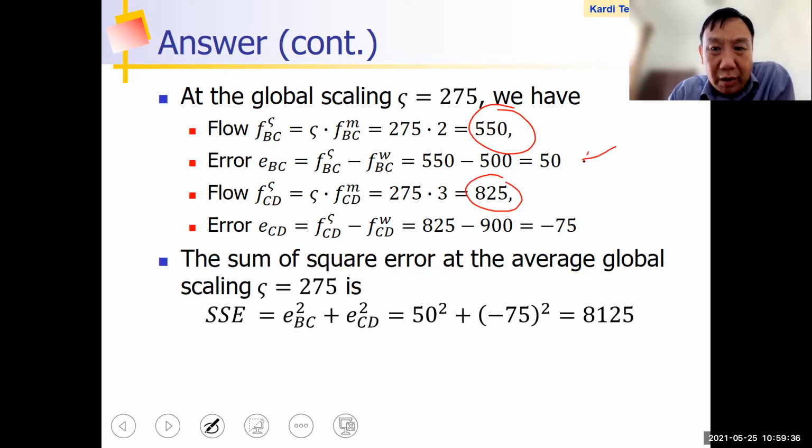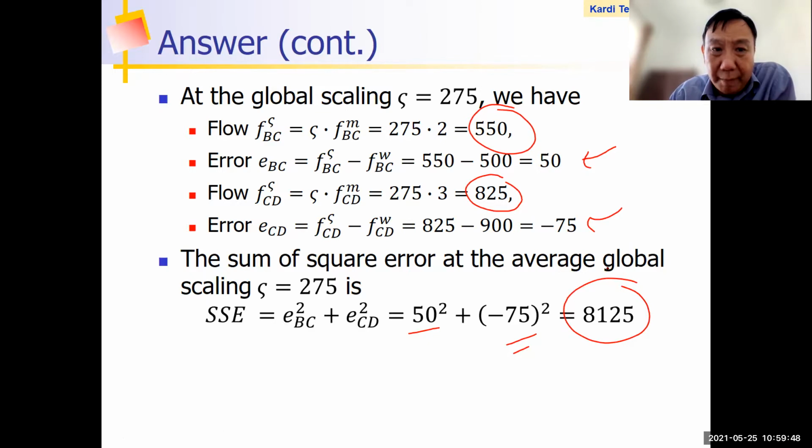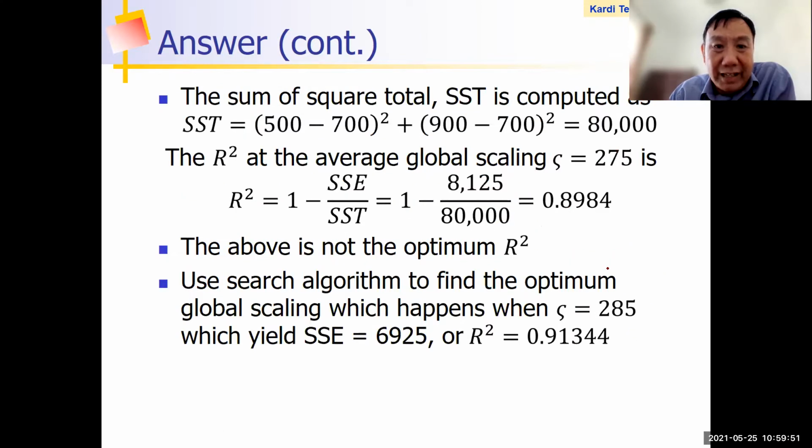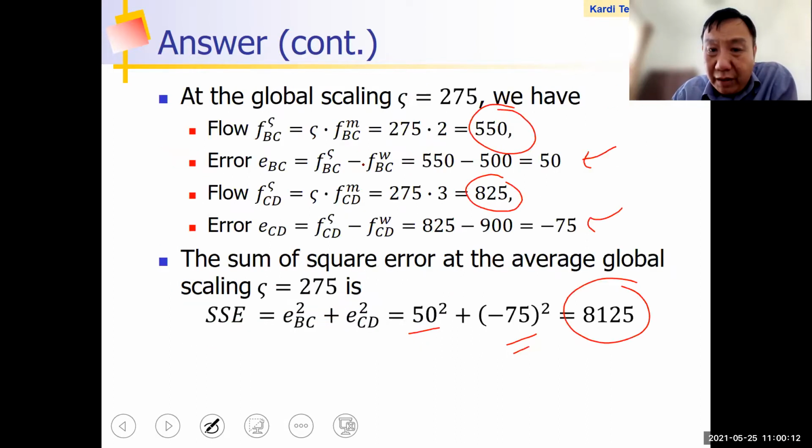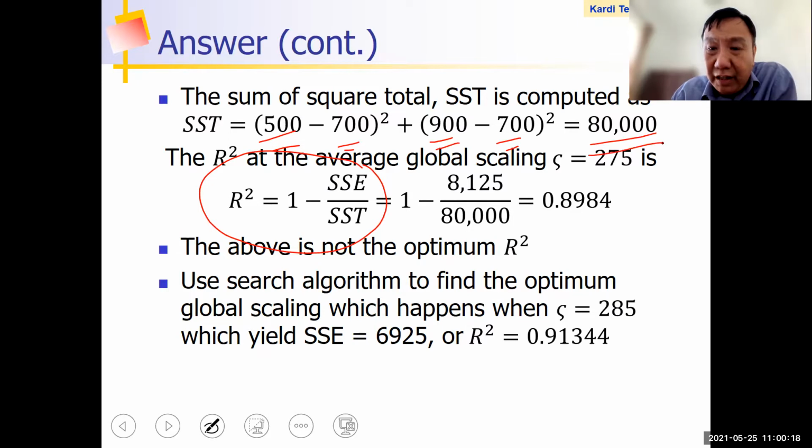And then you calculate the error. From the error, you square them, you get this value. And then you calculate the SST. What is SST? The observation minus the average, and then you square them. Okay, and the R square is 1 minus SSE divided by SST, which is 8,125 divided by the SST of 80,000.